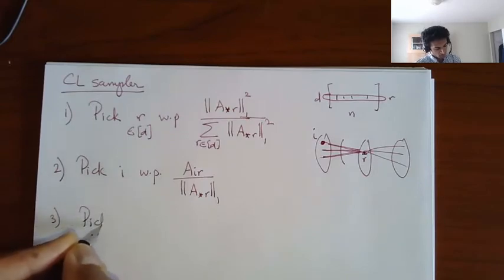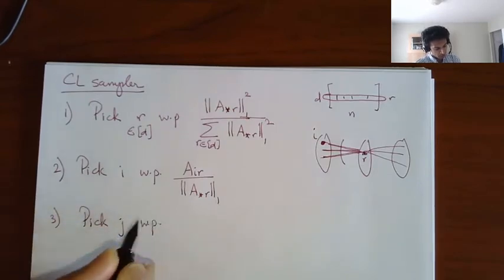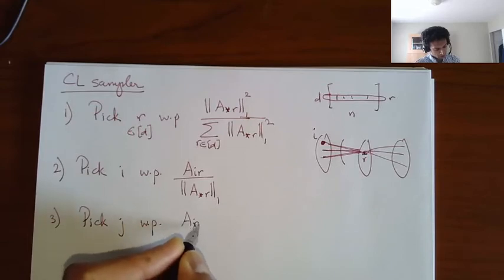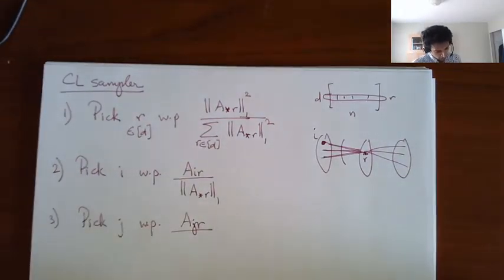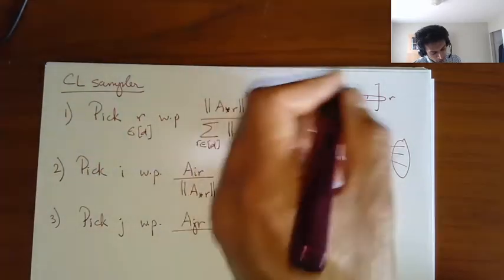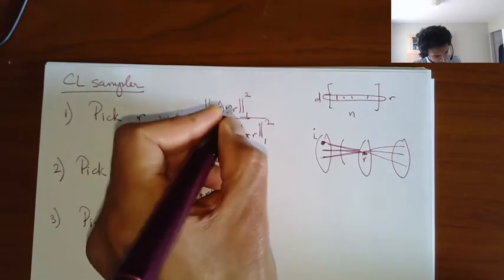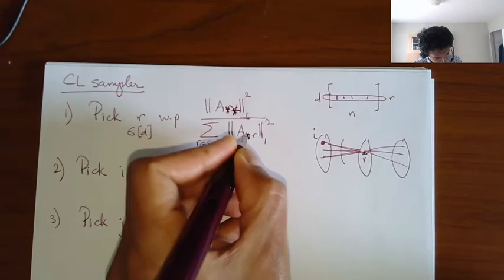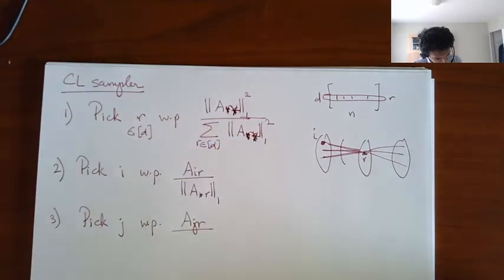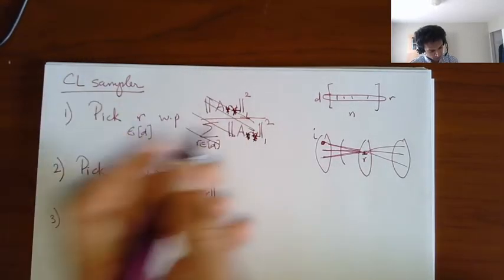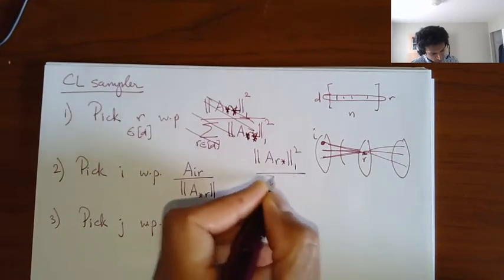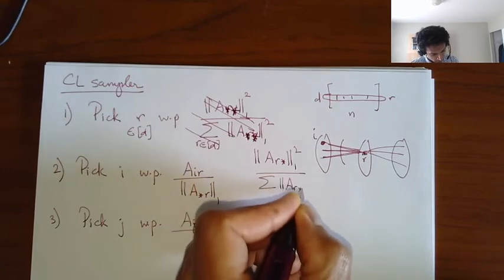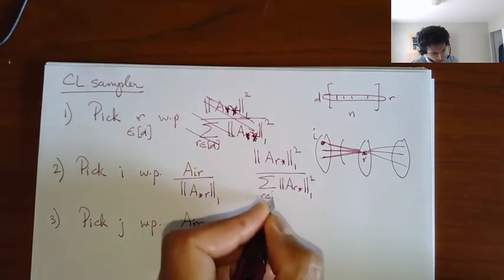Then I pick j with probability A j r. Have I mixed up my coordinates? My apologies, I mixed up my indexing. It should be A r star, divided by the sum of A r star, r going from 1 to d.